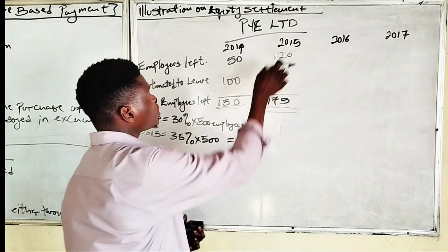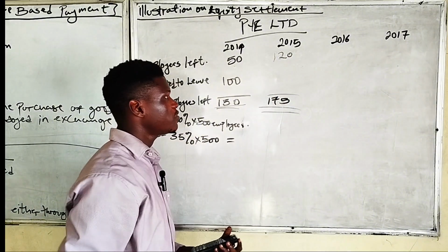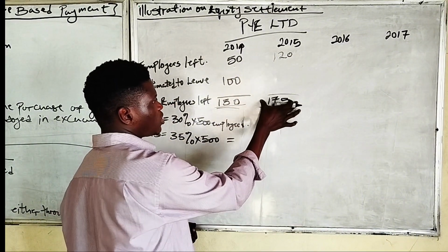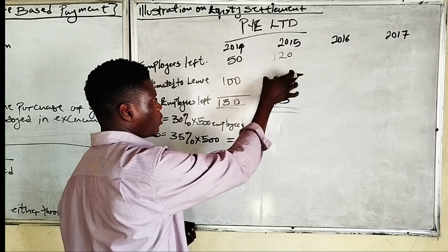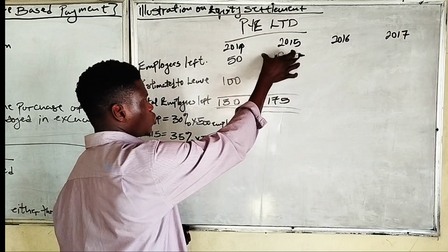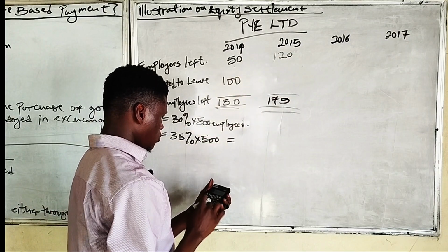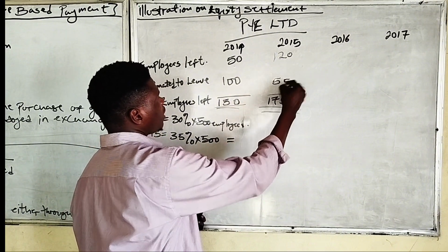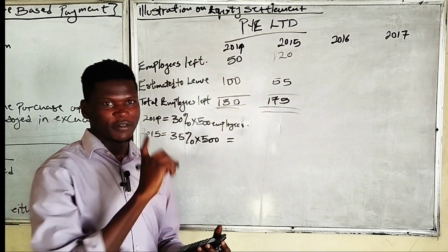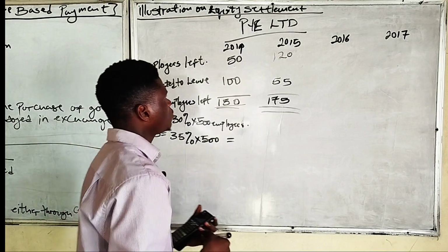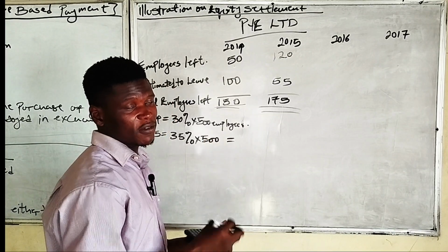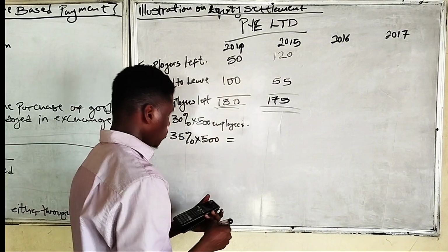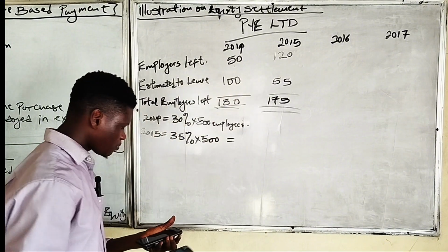They told us that 120 have left in total, and that the total that will leave is 175. So the number about to leave will be 175 minus 120, which gives us 55. So 55 employees are about to leave the entity, even though they did not state that they left, but we were able to figure out that they will still leave. So let's continue with the question.